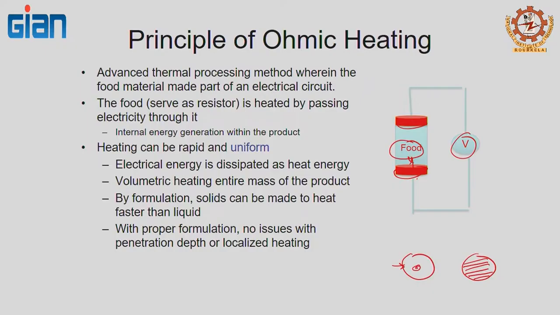Now, the property that allows the material to heat is called electrical conductivity. By adjusting the electrical conductivity of the liquid and solid, you can make the liquid heat faster or the solid heat faster. So you can adjust different things, and with proper formulations you probably don't have issues with non-uniform heating.